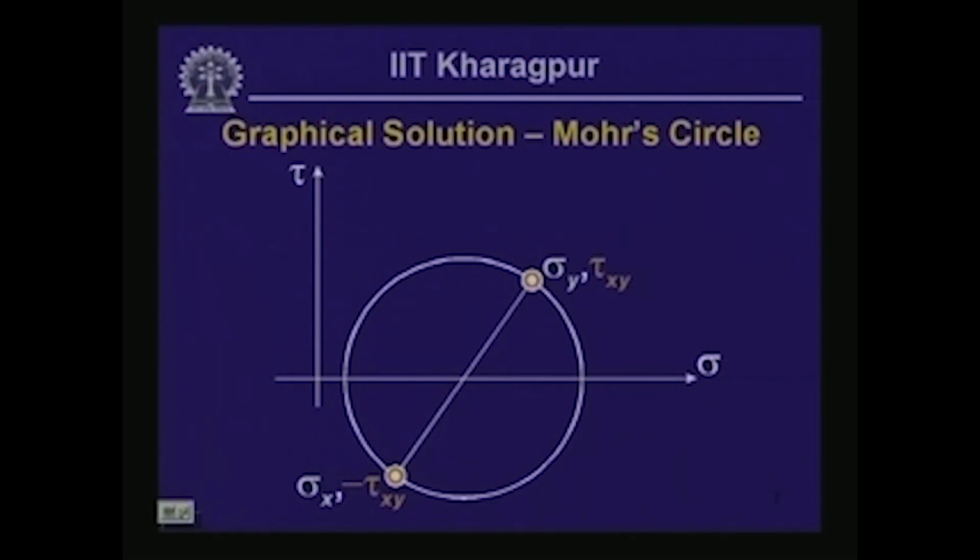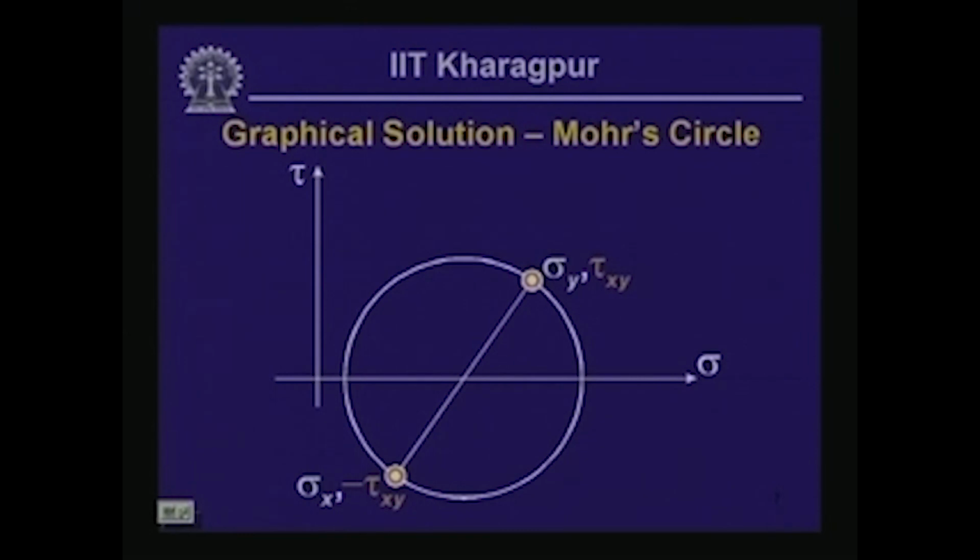A shear stress that wants to rotate an element in a counterclockwise direction is going to be considered positive, and a shear stress that is going to rotate an element in the clockwise direction is going to be called negative.